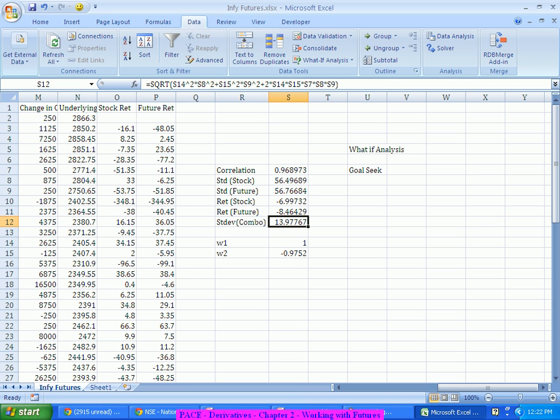At least you can reduce your risk to 13.97 units by doing this combination. What is the combination? For every 1 unit of the share, go sell 0.97 units of the futures.